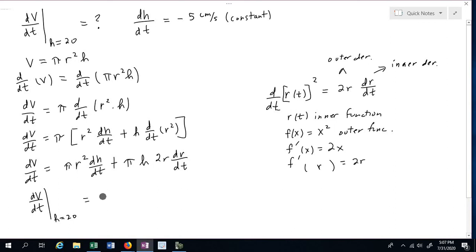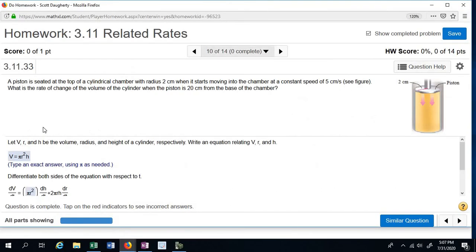Okay, so then you get pi, and now you run into r, right? What's r? Well, if you remember the problem, that's the radius of the little circular piece. They told us that the top of the cylindrical chamber has a radius of 2 centimeters, right?